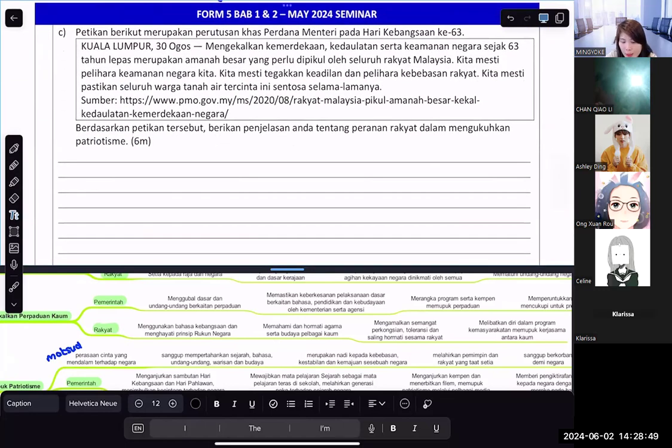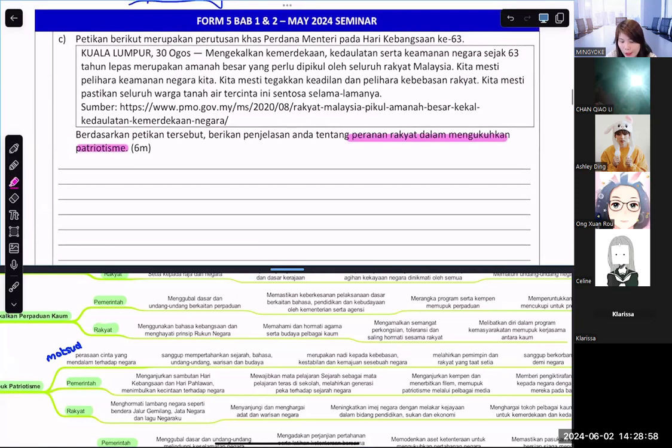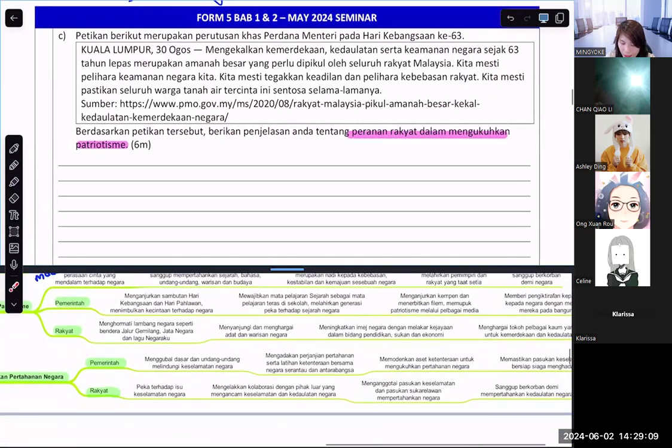Next is: berdasarkan petikan tersebut, berikan penjelasan peranan rakyat dalam mengukuhkan patriotisme. You see, again, this one is according to the petikan tersebut. So actually, it's just here.